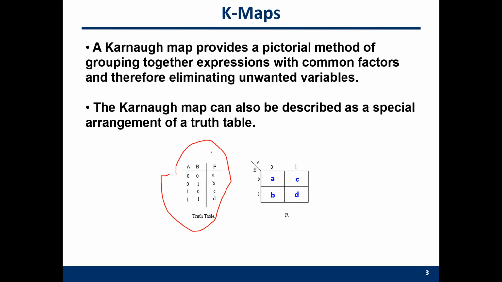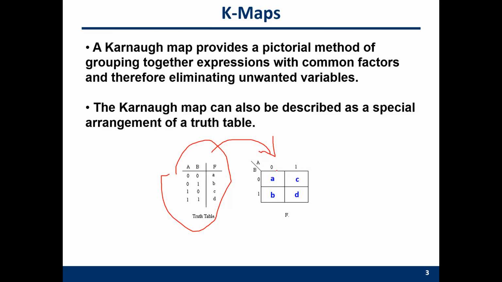And then we can convert this truth table to canonical form. So we write a table, a map like this. Here is the A. Each column indicates one possibility of A: either A is 0 or 1. And here is the B. Each row indicates one possibility of B. B can be 0 or 1.